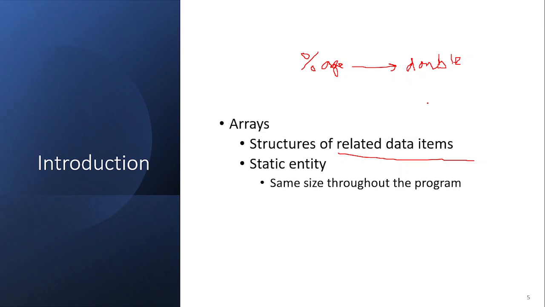They are basically data structures which are used to store related data items, and those data items are a lot, there are too many for individual variables to be able to store them efficiently.